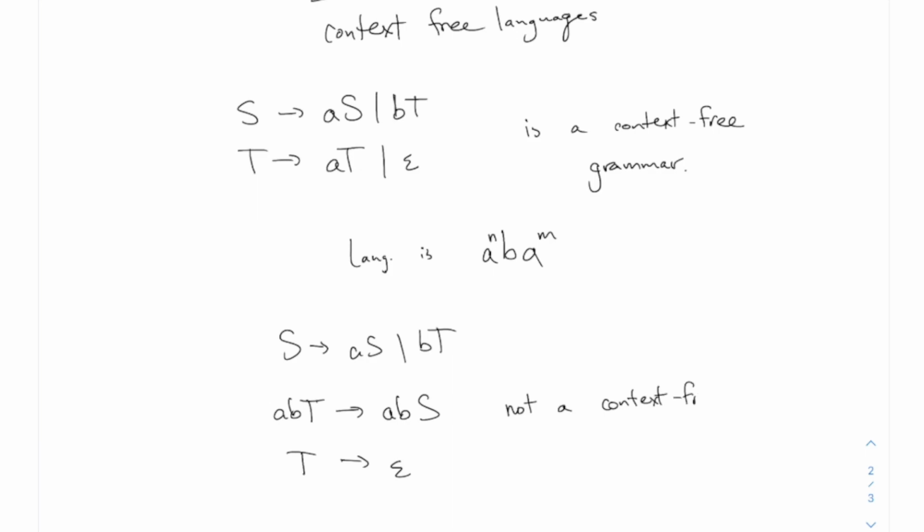And to me, at least, non-context-free grammars are much harder to make sense of. You have to consider a lot more closely. This one may not be so hard to make sense of. I'm not sure. Anyway, this is not a context-free grammar.